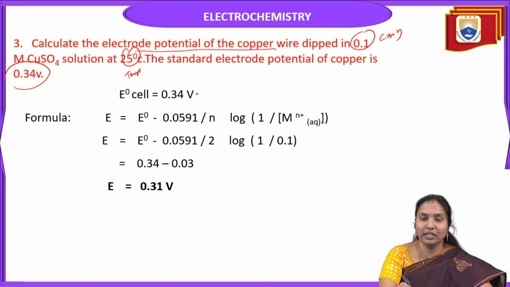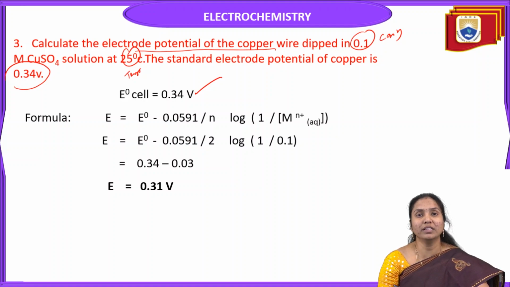The standard electrode potential E naught of the copper electrode is 0.34 volts. How can we calculate the electrode potential of copper? By using the Nernst equation. In previous classes we already discussed what the Nernst equation is and its applications.